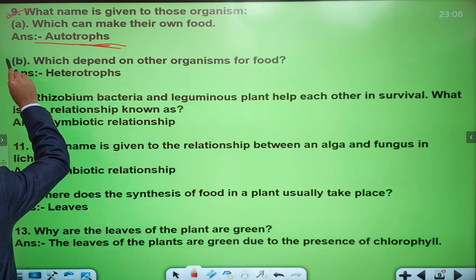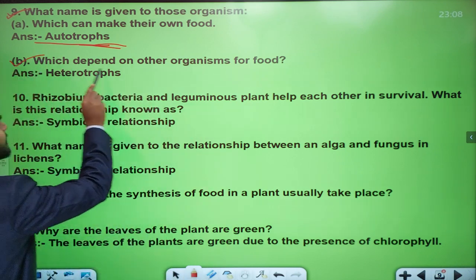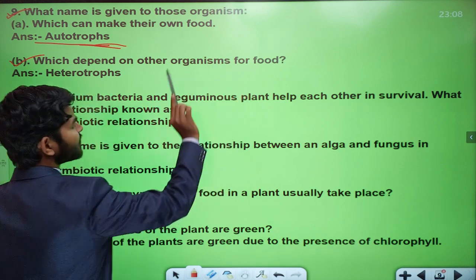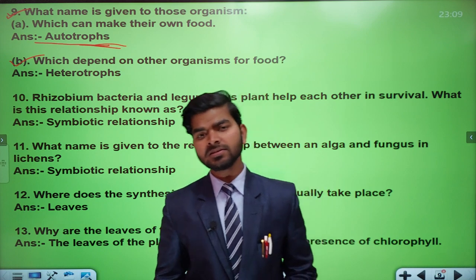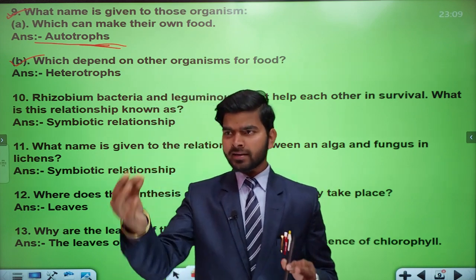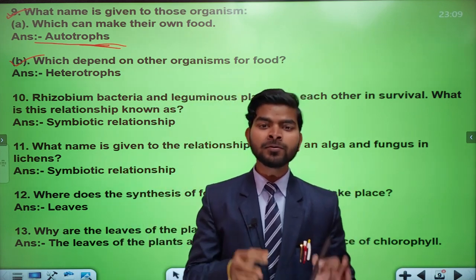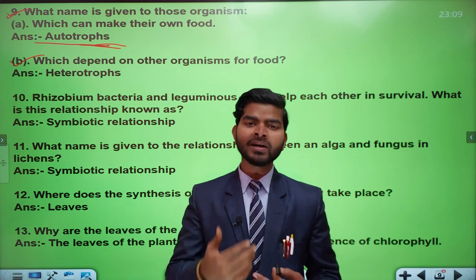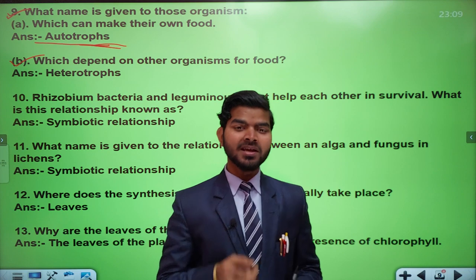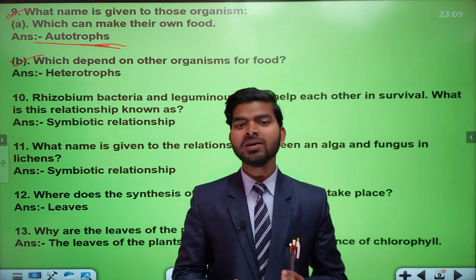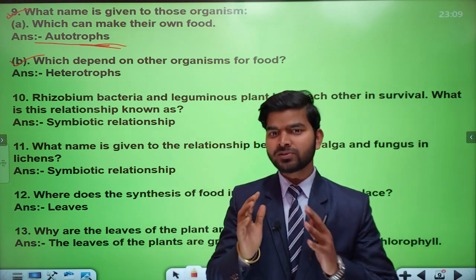Now let us talk about the next one. Which depend on other organisms for food? The question asks for the name of the organism which depends on another organism, meaning they cannot make their own food by themselves. I have already given the concept of heterotrophic nutrition.